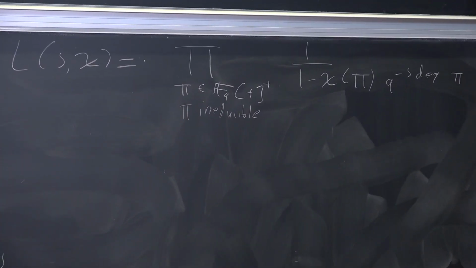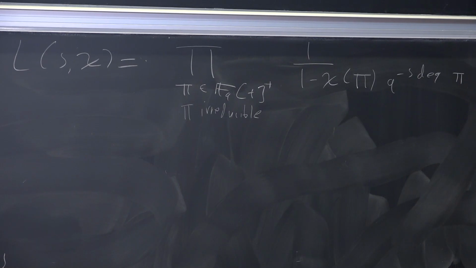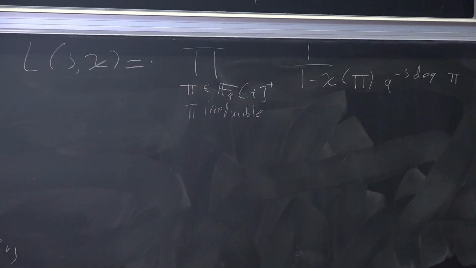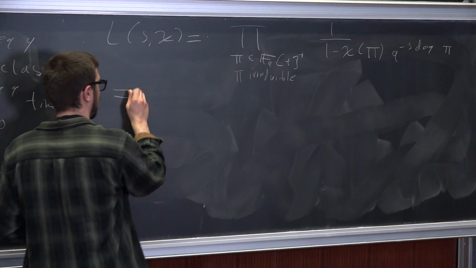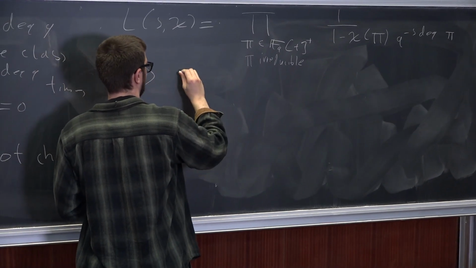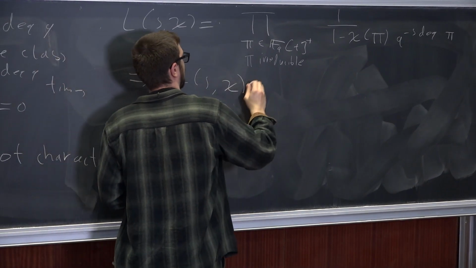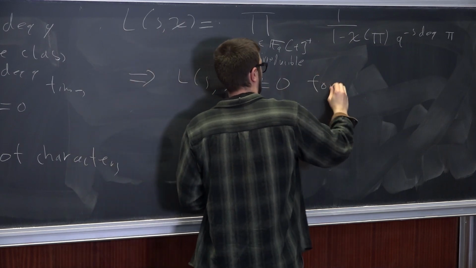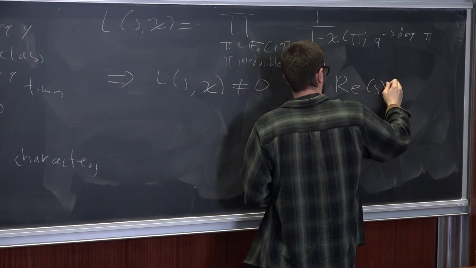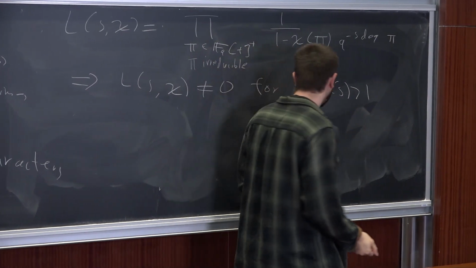And this Euler product does for us the same two things it does over the integers. On the one hand, this implies that L(s, chi) is not 0 if the real part of s is greater than 1.